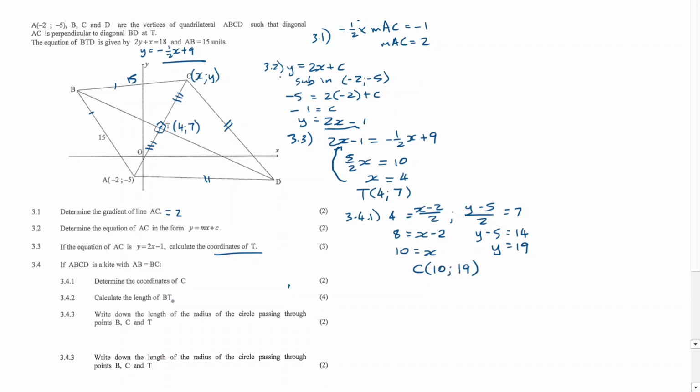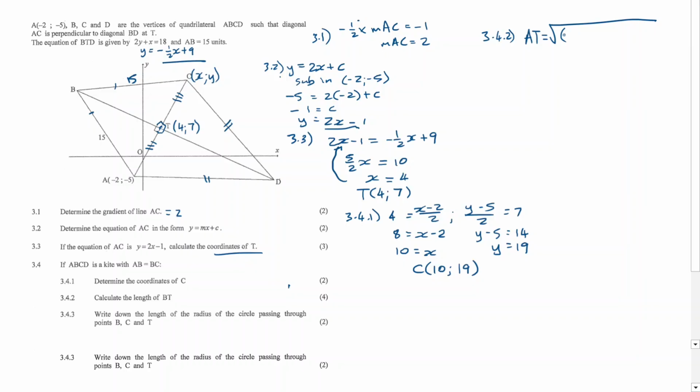Calculate the length of BT. To get the length of BT, seeing as you don't know B, you could work out the length of AT, and then because you have a 90 degree, you can do Pythagoras. So let's do it up here, 3.4.2. Let's work out the length of AT using the distance formula because it's a length.